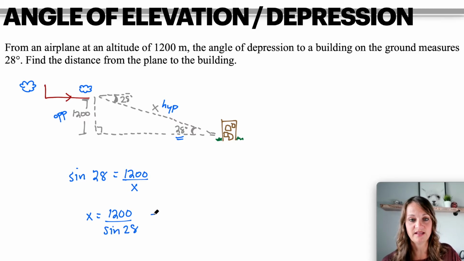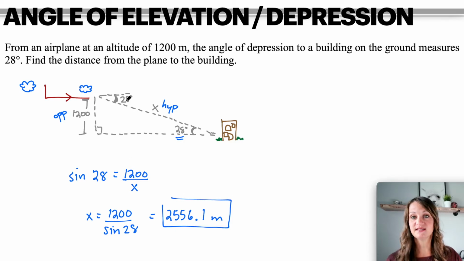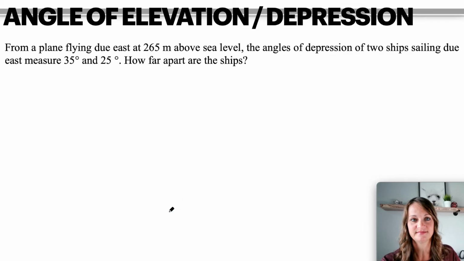Put this in the calculator, and you will get 2556.1 meters. And that is how far the airplane is from the actual building. Basically saying that the height of the building is negligible in this case. Even though it really matters, it's still going to roughly be about 2,500 meters.